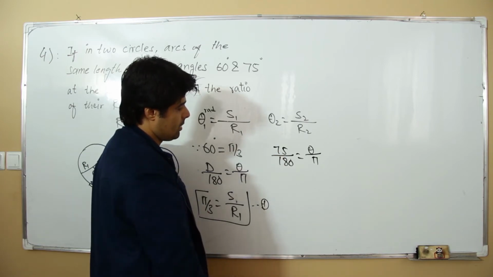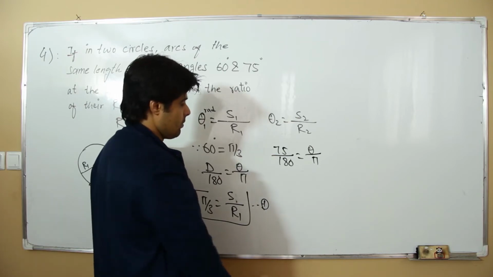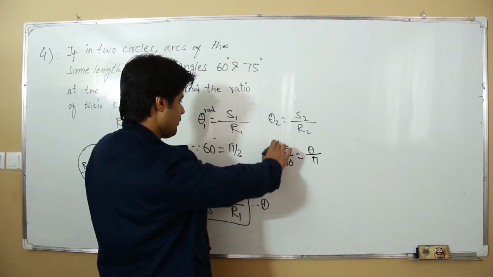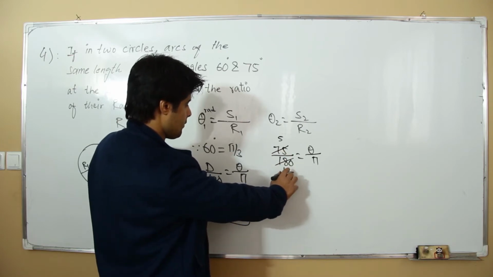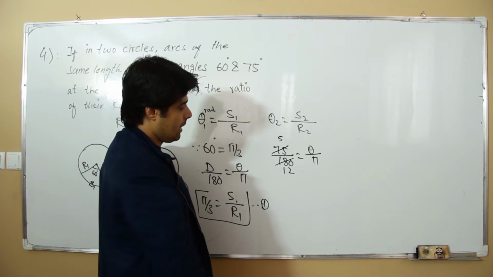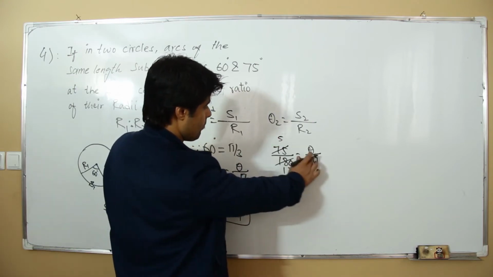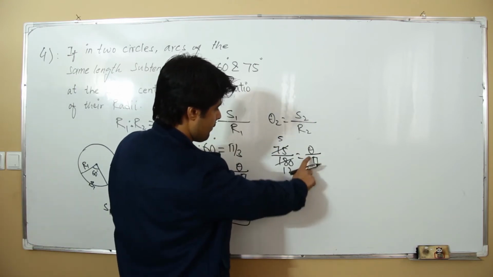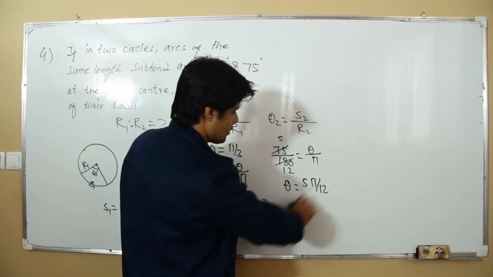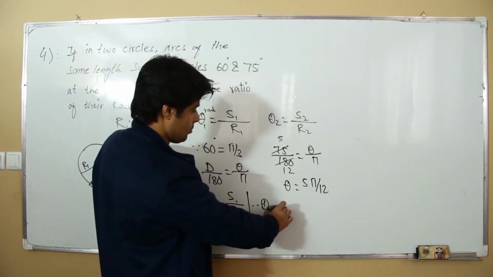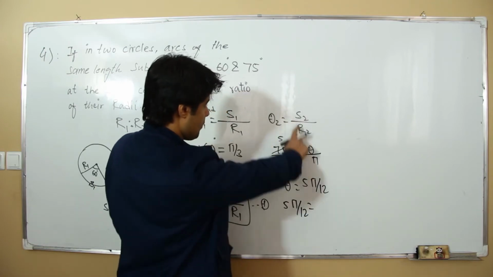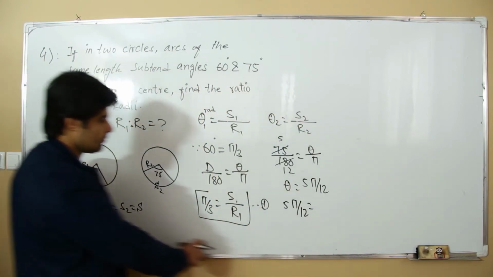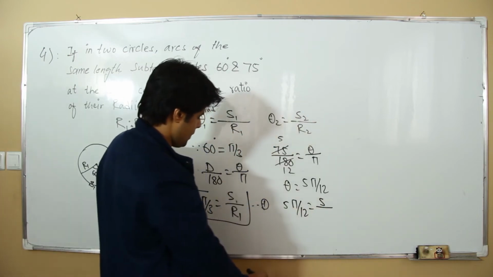By 5, simple, or by 15 also. 5 15 is 25. In here 1 15 is 15. We have 30, 12. Now theta is 5 times pi divided by 12. Instead of theta 2, you have to put 5 pi divided by 12 is equal, S2 is S divided by R2.